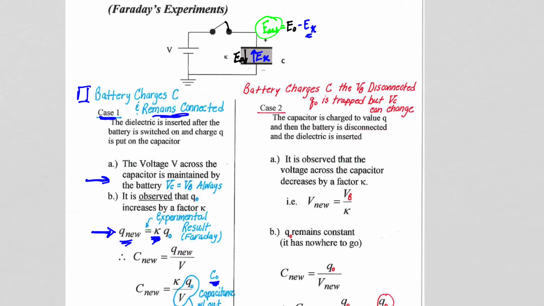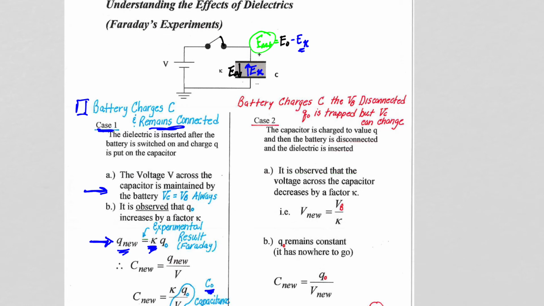Well, the other experiment that Faraday did was color-coded red over here, where, again, you start off with a battery with no material between the plates. You close the switch, as we did here, charge up the capacitor, and then insert the material.